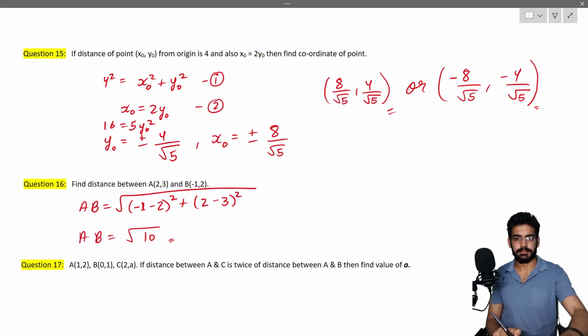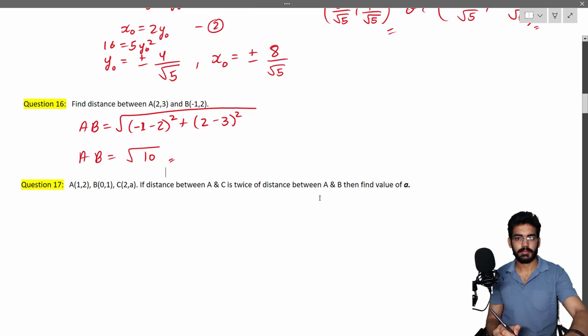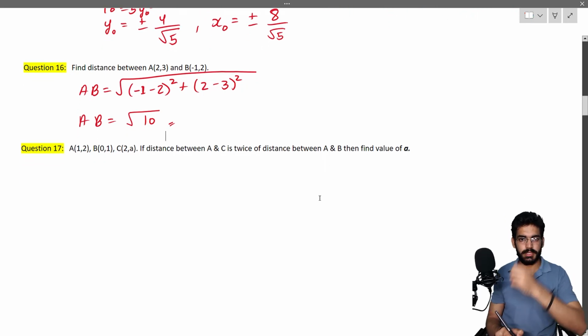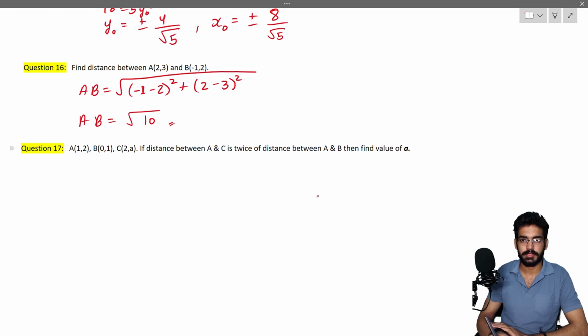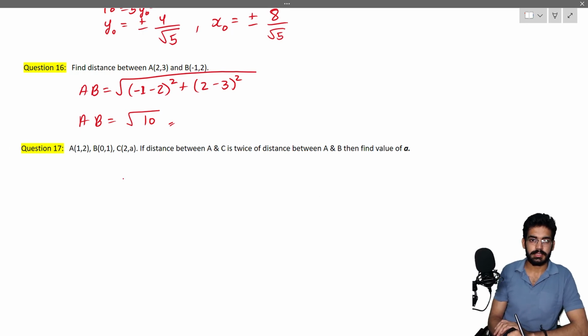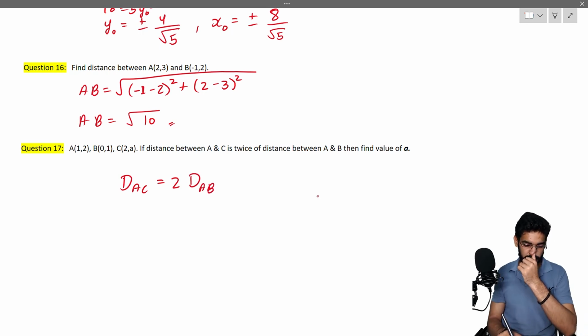Now next question. We have 3 points A, B, C, and we have one variable here in C, that is a. It is given that if the distance between AC is twice the distance between AB, then find the value of a. So from here I can say the distance between A and C is equal to twice the distance between A and B, right? This is our equation which we have.